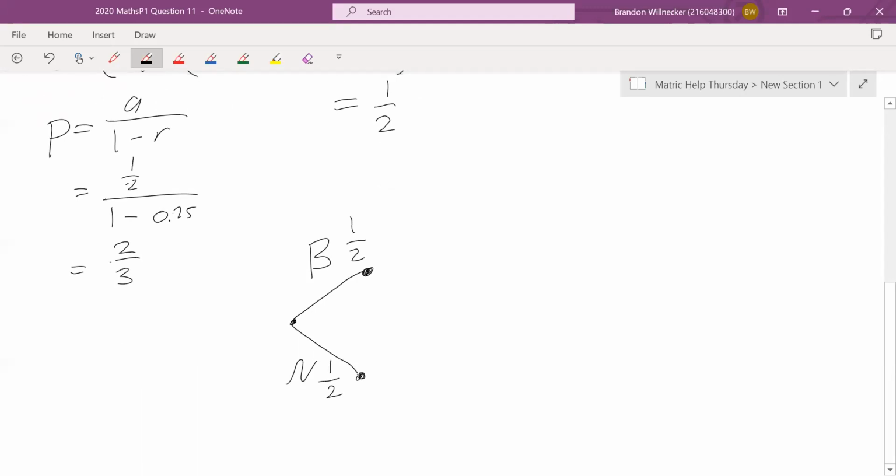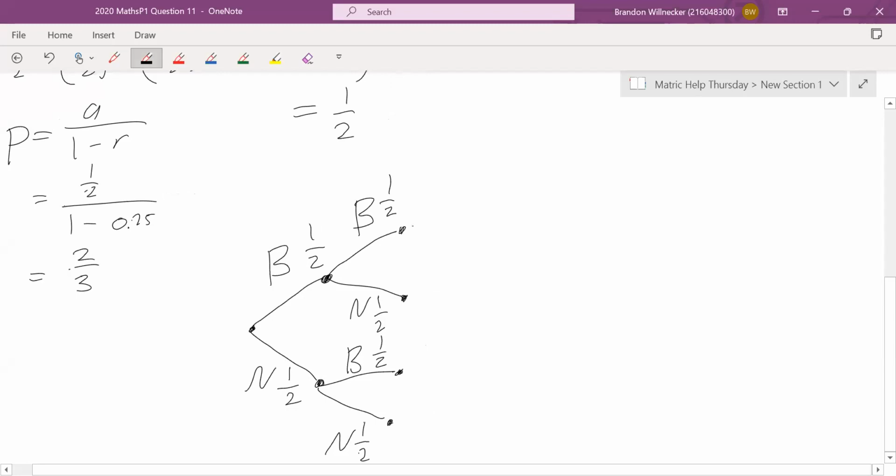Now, next shot that can be made. It's the same thing. So we can have a bullseye with 1/2 and not a bullseye with 1/2. Okay, same thing for this other part here. We can have a bullseye with 1/2 and we can have not a bullseye with also 1/2. Okay, then that's the third one. We can do this once more. It's getting a bit squashed here.